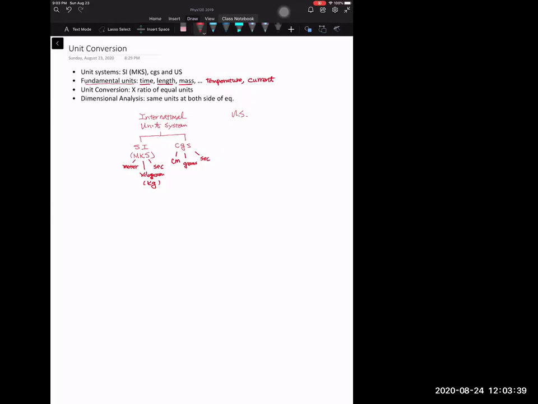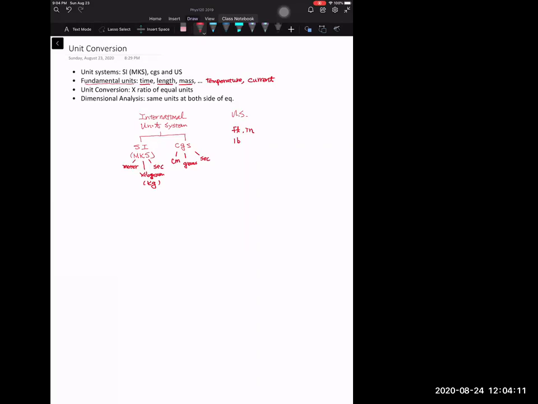Well, the US system is different, but we don't have a very special name for that. We just say this is the US system. For the length, you know, we use feet or inch, right? If we're talking about the mass, we're not using the kilogram or gram, we use pound. Well, pound is a very weird unit. Sometimes pound represents pound mass.